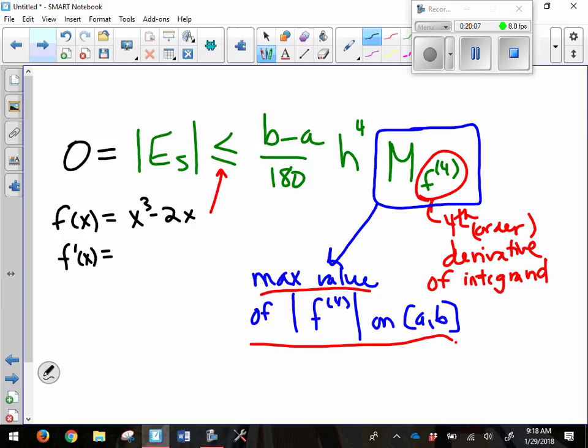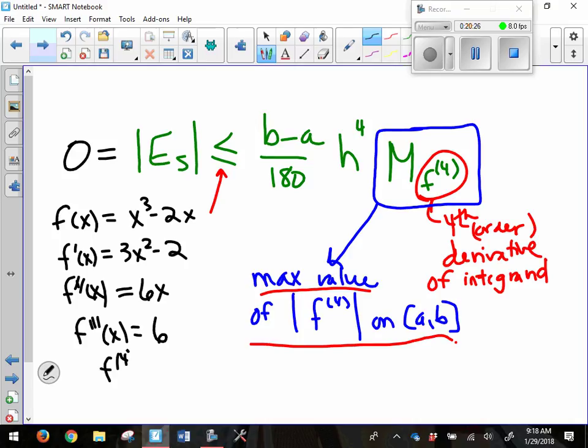All right, so what's the first derivative going to be? 3x squared minus 2, yes? All right. What's the second derivative? Good. What's the third derivative? What's the fourth derivative? 0, okay? Which is what Zoe said because she was doing it in her head.